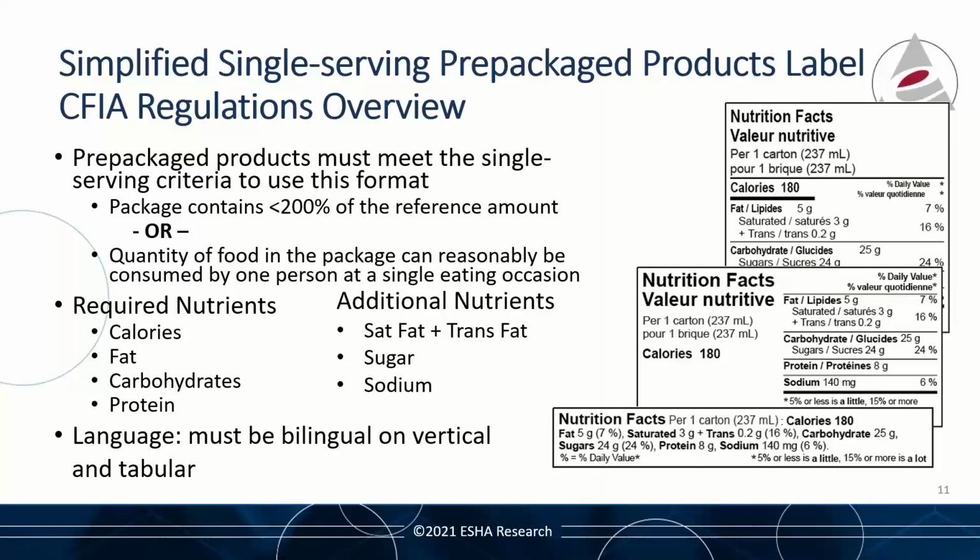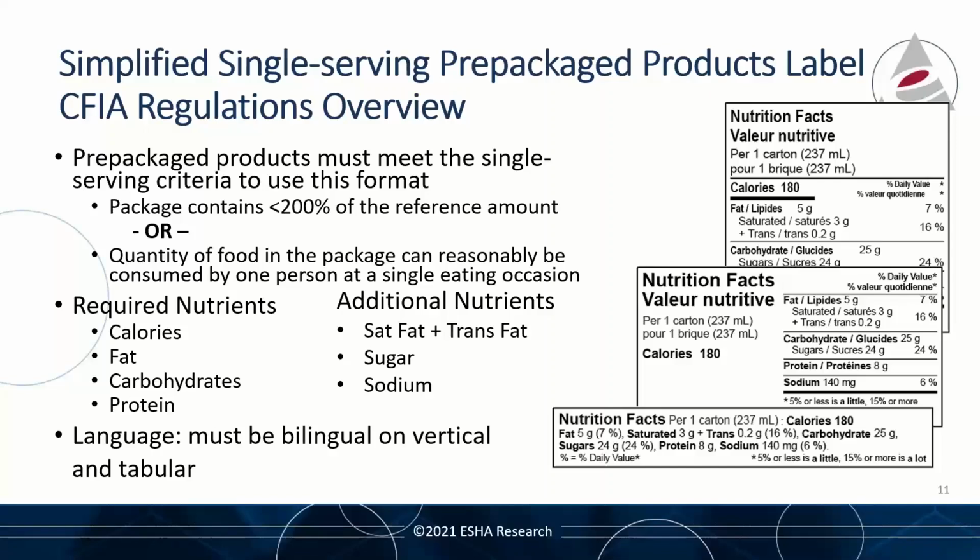If a claim is made about a nutrient, just in general, you need to provide nutrient information within the label. So on this label, even if you're using the simplified format but making a claim on your product, then you do need to display the nutrient on which the claim is made. Things like sugar, alcohol, and most vitamins and minerals that are specifically added to a product must be declared.